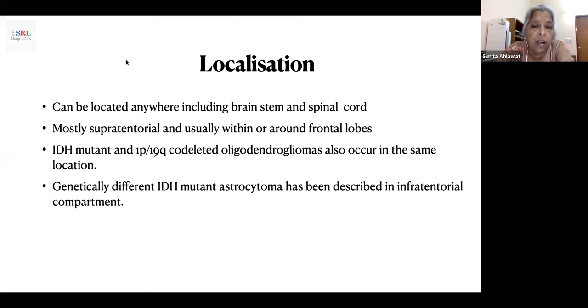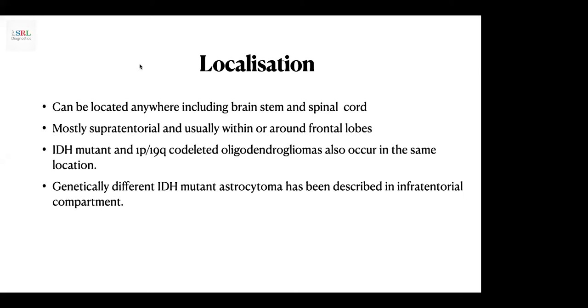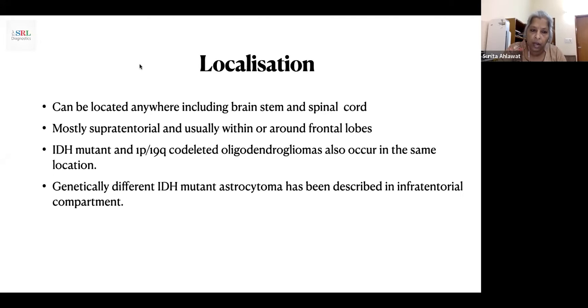This tumor can be found anywhere in the brain, including the brainstem and spinal cord, but most commonly it is a supratentorial tumor, found within or around the frontal lobes, as the IDH mutant and 1p19q co-deleted oligodendroglioma also occurs in this location. So the frontal lobes are a very preferred site for IDH mutant gliomas to occur.